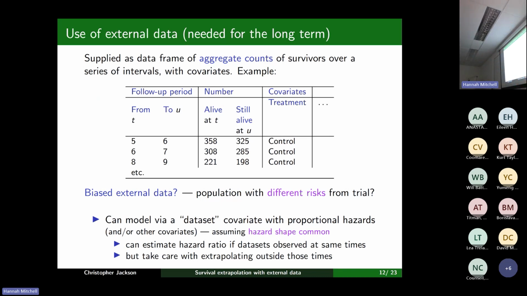But in order to get any information out of external data at all, you have to make some kinds of assumptions that there is something in common. And the shape being common is a weaker assumption than the actual absolute value of the risk being identical. But of course, you have to take care, especially when you're extrapolating outside the times when the parameters were estimated from. You're making some assumptions that parameters inferred from one time period are generalizable to longer periods. But the package gives us a tool to do this working.